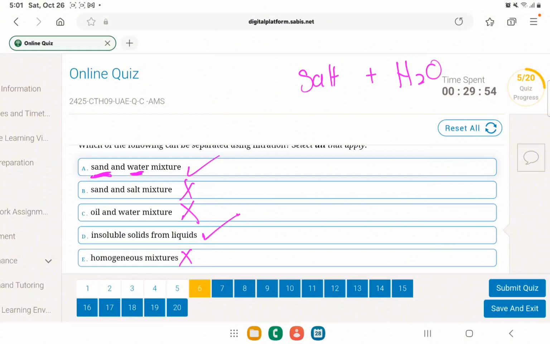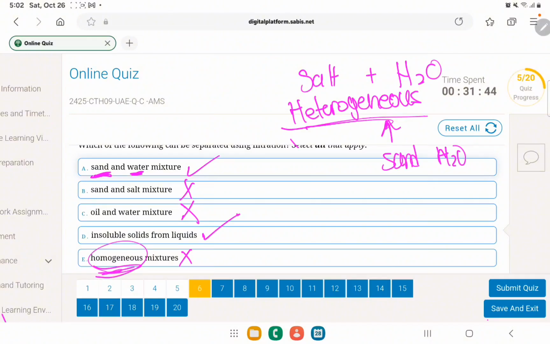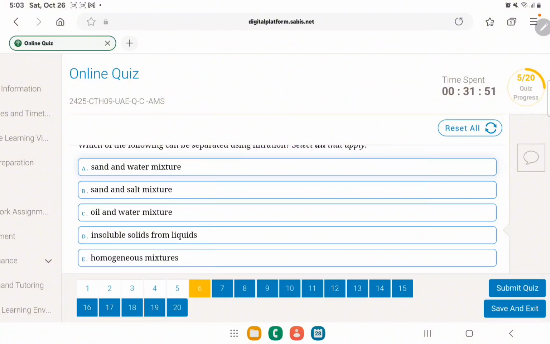You're going to need a microscope or something, because it's homogeneous. However, with heterogeneous mixtures, you can see that it's not one complete thing. So if there was an option that has heterogeneous mixtures for filtration, it would be correct. So the only answers are these two.